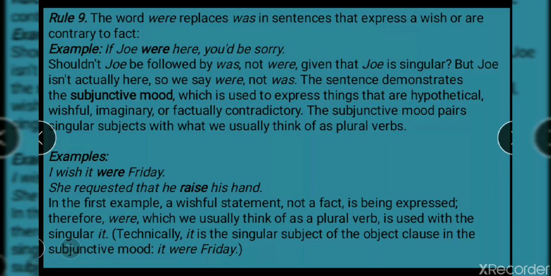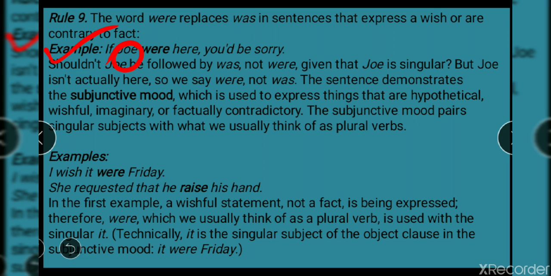Like, for example, if Joe were here, you'd be sorry. As per the basic rule, we know that as Joe is a singular term, we should use a singular verb over here.